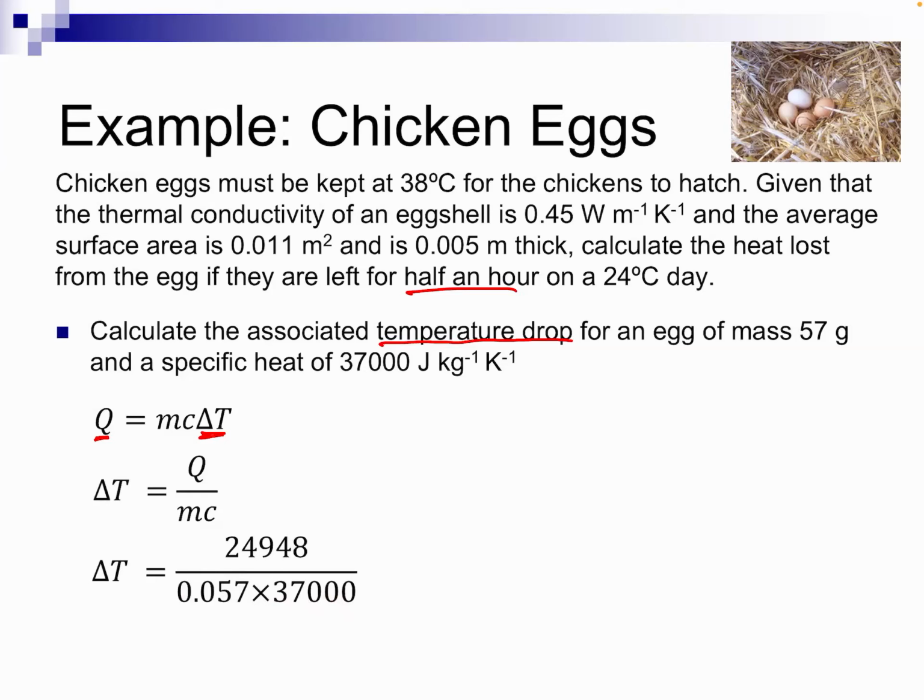Just be careful: if the unit is kilojoules, make sure to expand that, so 37 kilojoules expands to 37,000. The answer is 12 Kelvin, which is also equal to 12 degrees Celsius, because again, we're getting a difference in temperature, a change in temperature.